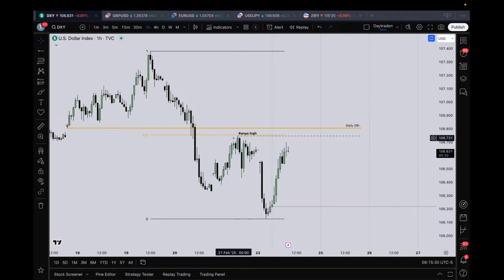What can we see? Barely in discount, it's almost at equilibrium, but we can clearly see that we have an inducement high right over here, just below the equilibrium of the dealing range.